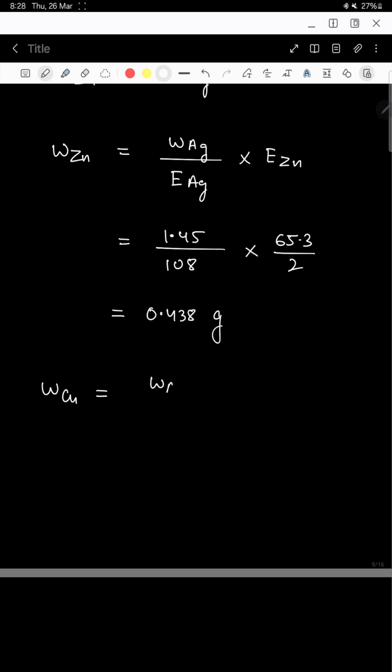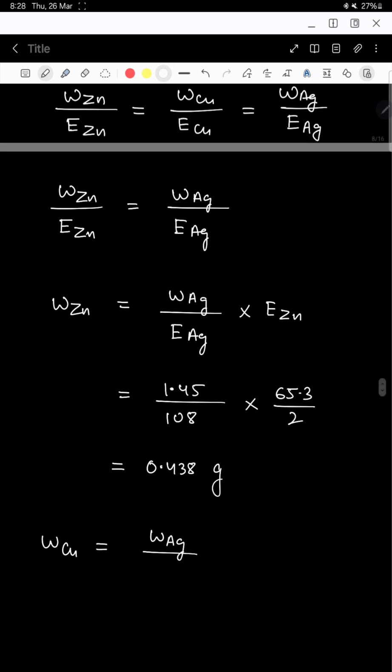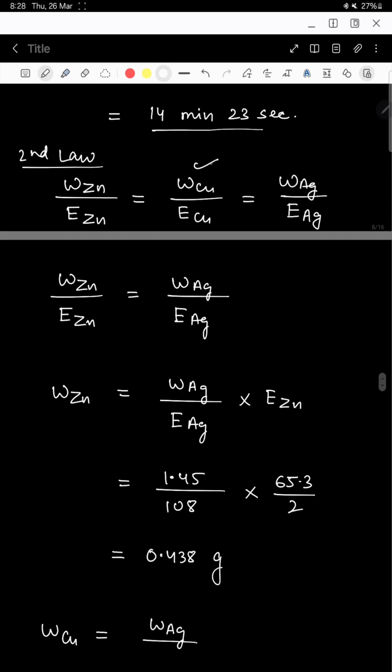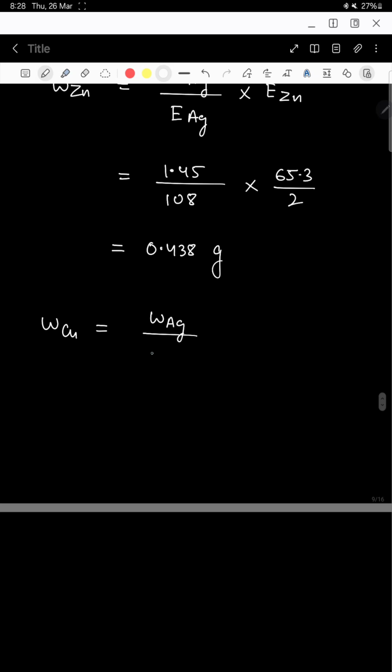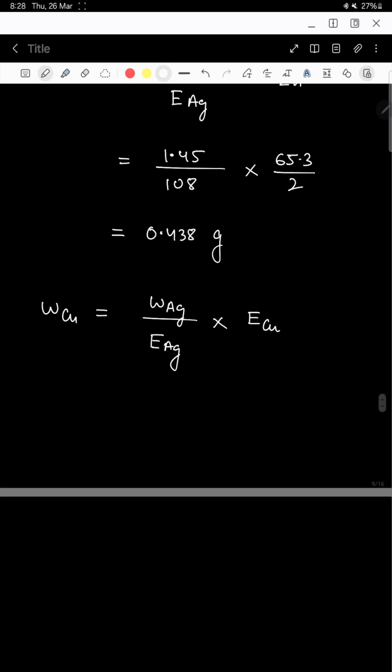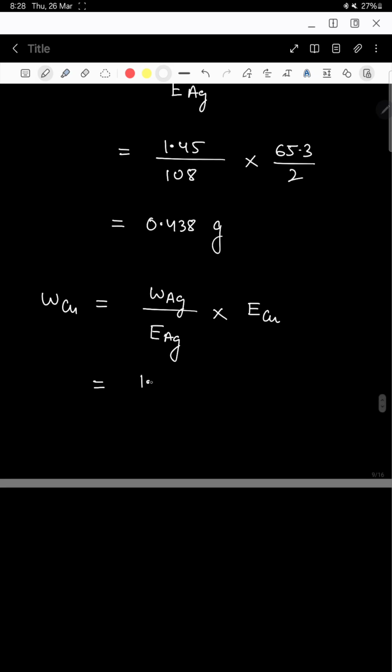Similarly, you can calculate the mass of copper also. From these two, this one and this one, you can calculate the mass of copper. It will be mass of silver upon equivalent mass of silver multiplied by the equivalent mass of copper, right? So it will be now 1.45 divided by 108 multiplied by 63.5 upon 2.